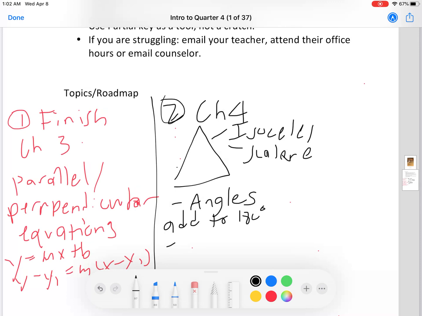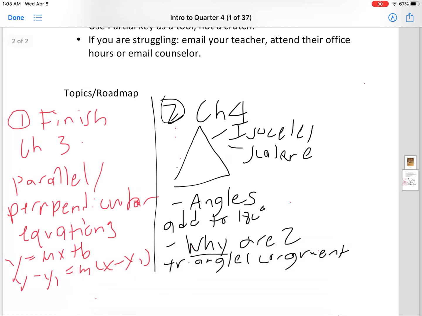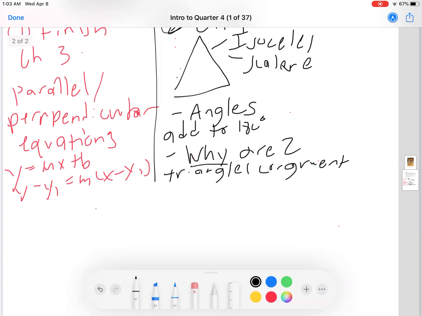We can look at why two triangles are congruent. And for those of you who know me pretty well, I have a little motto that I like to do with proofs in triangles. It's show us what you know with the triangle proof. So maybe we're onto something there.